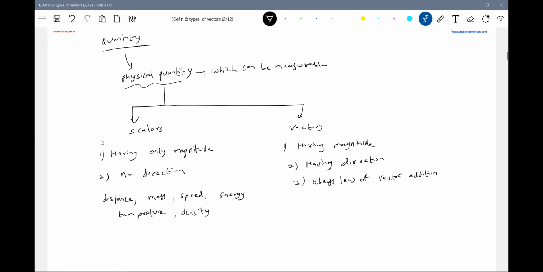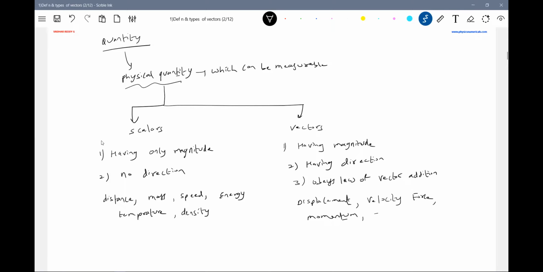So what are the examples? Is there any physical quantity which is related to this? First, we'll start with displacement, velocity, force, momentum.